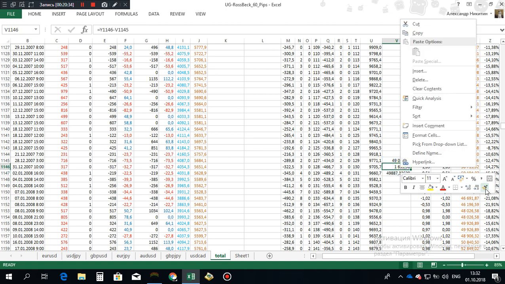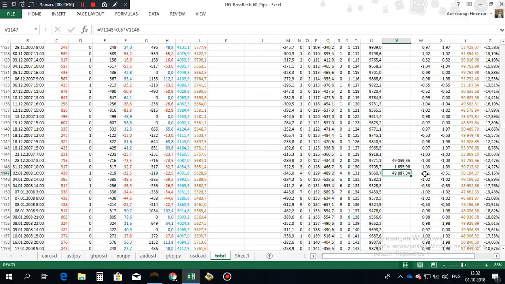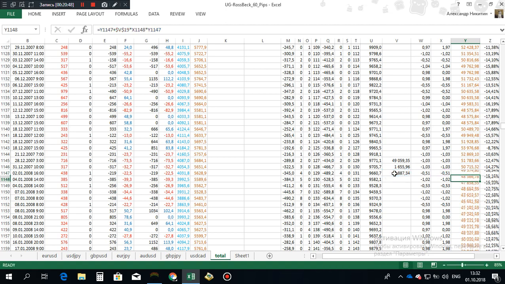Okay, let me format that. And the first trade of the year starts from the current account. Starts a bit smaller. Okay, then we go here.